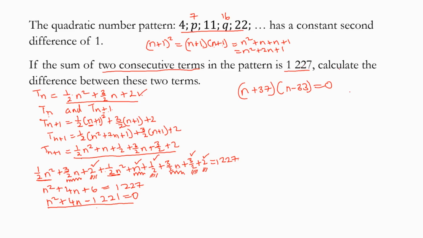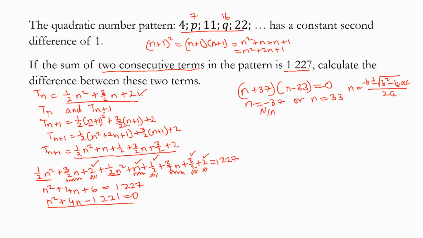If you want to use the quadratic formula, remember, n is negative b plus or minus the square root of b squared minus 4ac, over 2a. Your b is 4, your a is 1, and your c is negative 1221. So we can say n is equal to negative 37 or n is equal to 33.